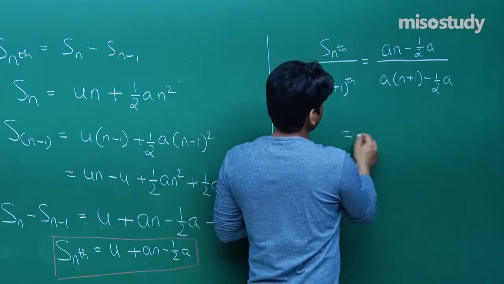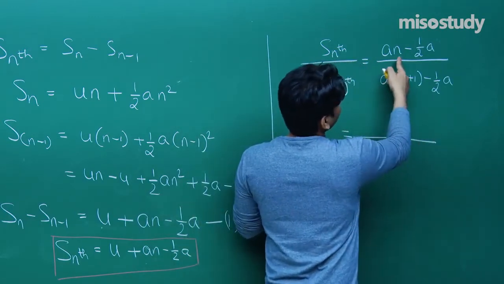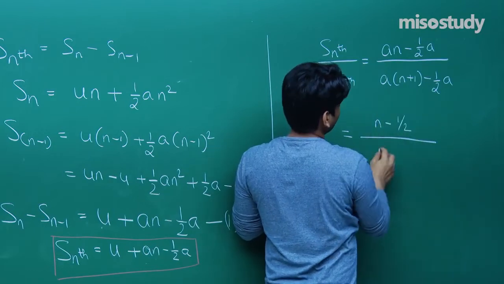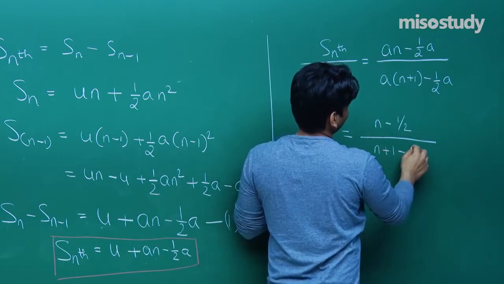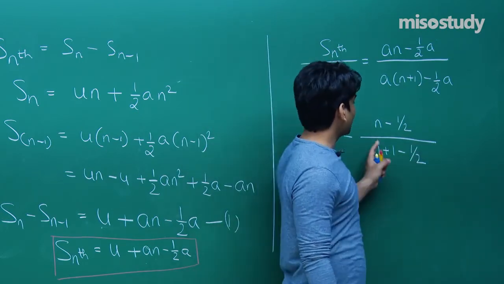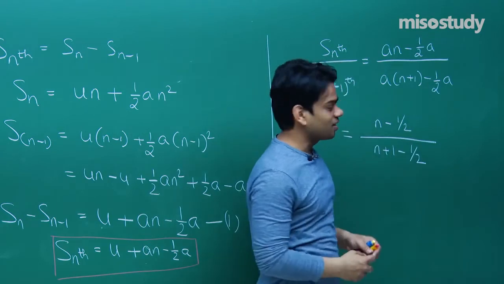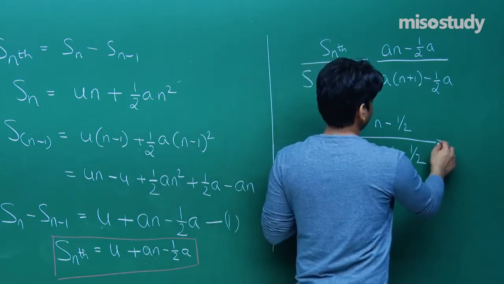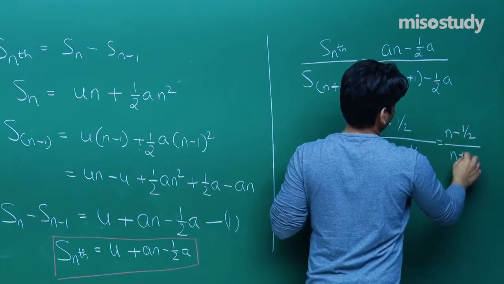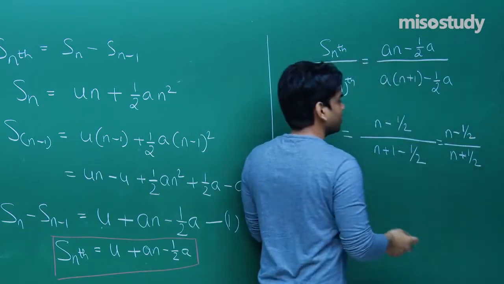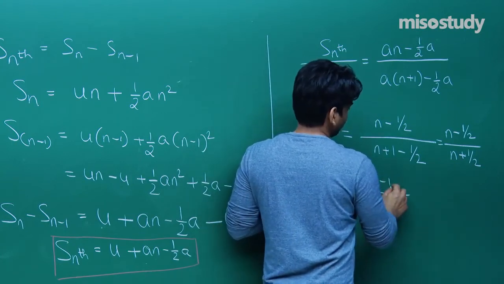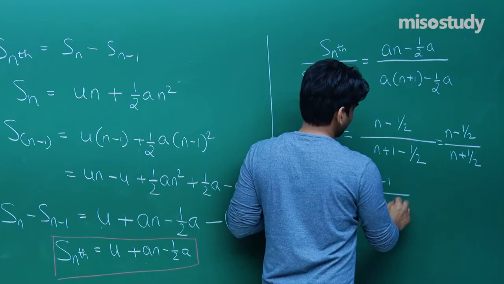So you'll be left with n minus half divided by n plus 1 minus half, that is n minus half upon n plus half. Take 2 as the LCM, you will be left with 2n minus 1 upon 2n plus 1.